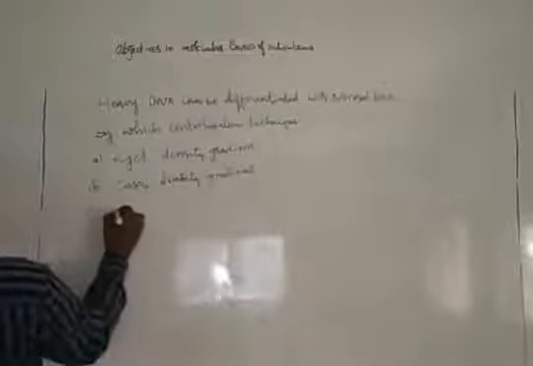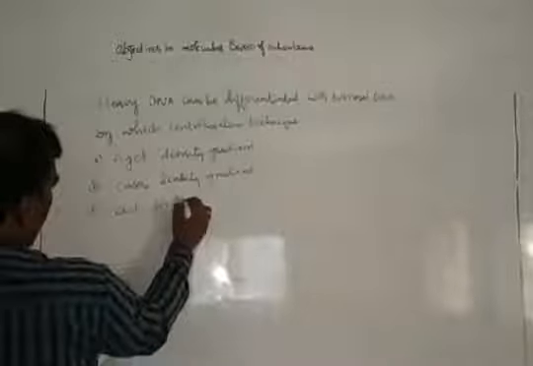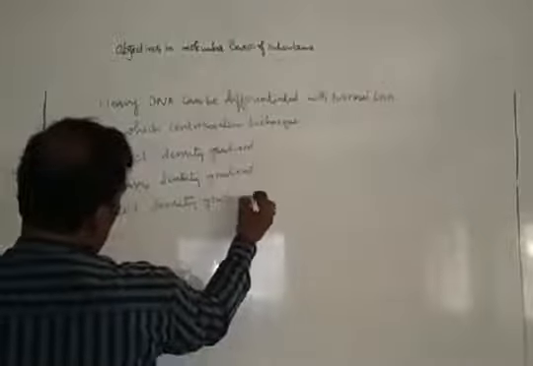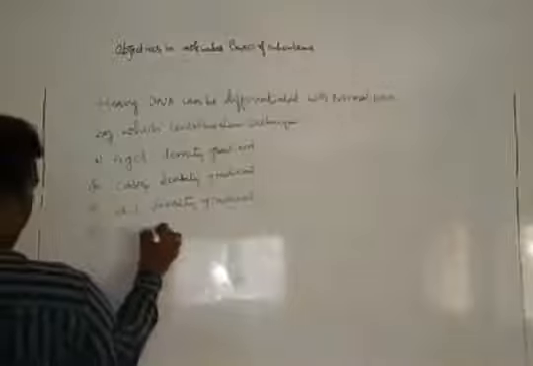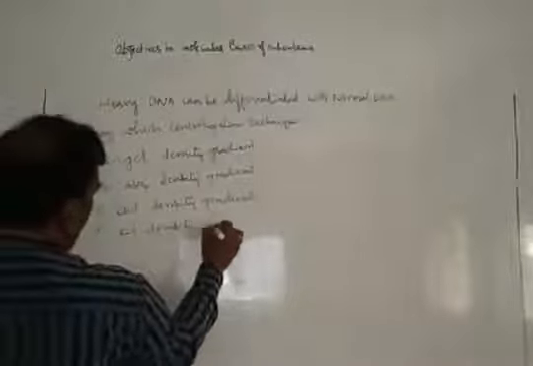The C option is cesium chloride density gradient. The D option is KCl density gradient.